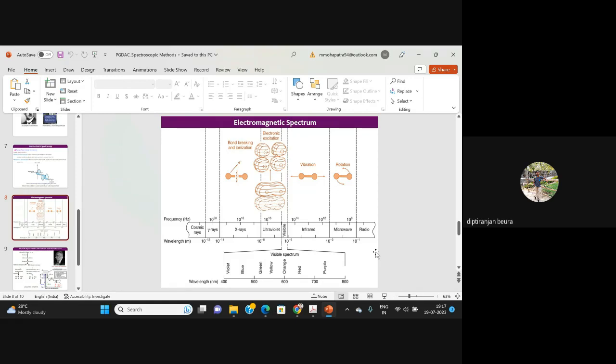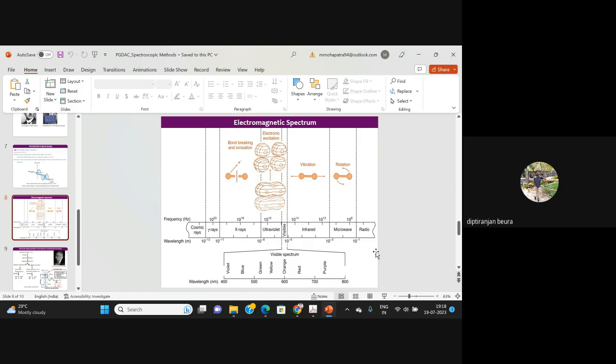Sunlight is white light emission, which consists of all the wavelength region radiation. It was not only the visible range, but the whole wavelength range.